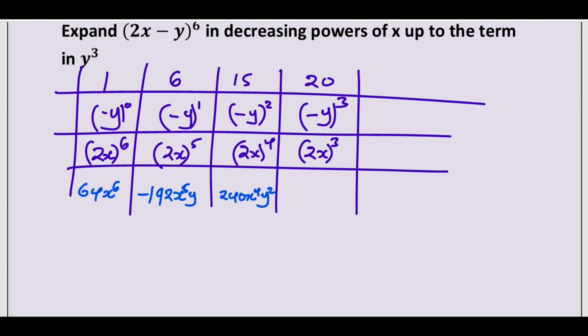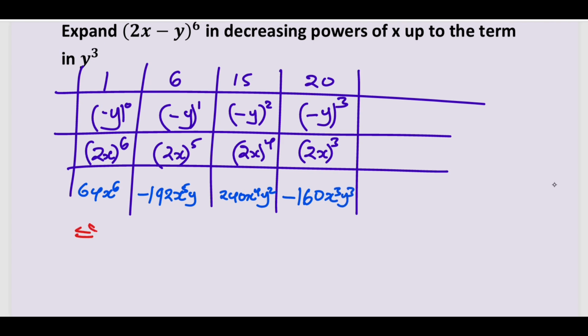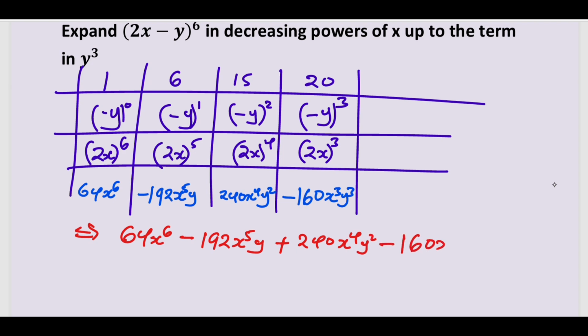Then finally negative 160 x cubed y cubed. The final answer is 64 x power 6 minus 192 x power 5 y plus 240 x power 4 y squared minus 160 x cubed y cubed.